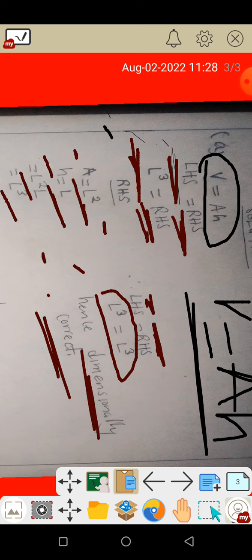So at this point we can tell that the left hand side and right hand side are equal. Hence the equation is dimensionally correct. So we can now go to question B.